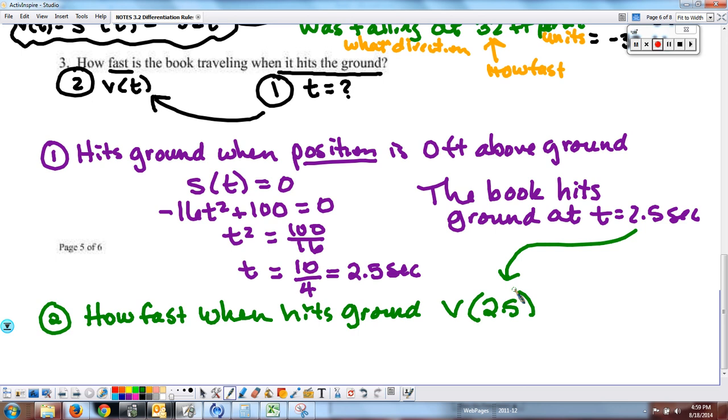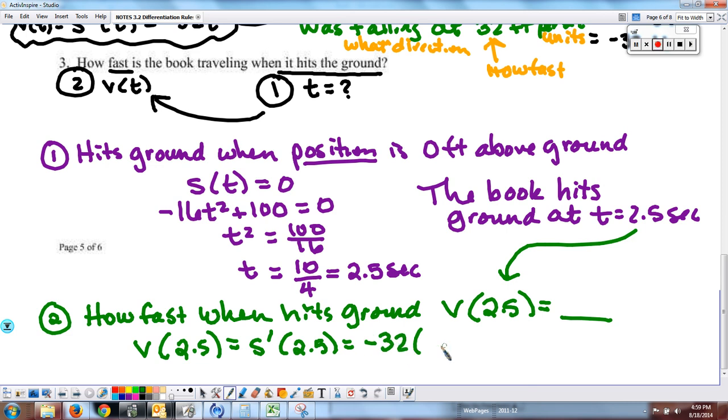That's why this is a two-part question. And to find the velocity at 2.5, I know the velocity at 2.5 is using the derivative of the position function at 2.5, which we found above to be negative 32t, so negative 32 times 2.5, which is going to give me negative 80 feet per second.